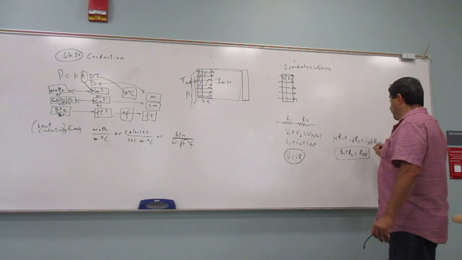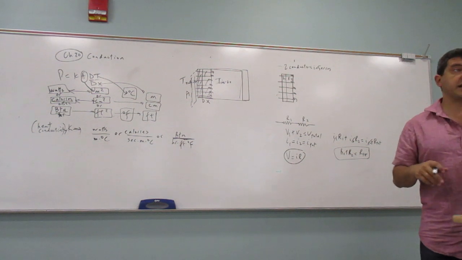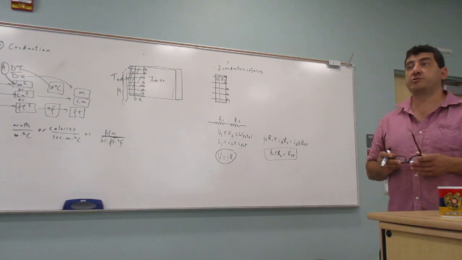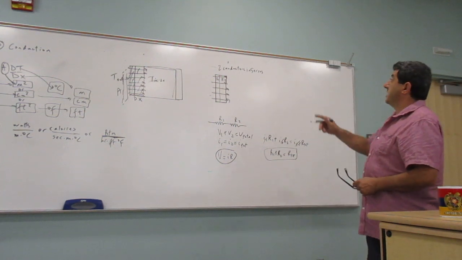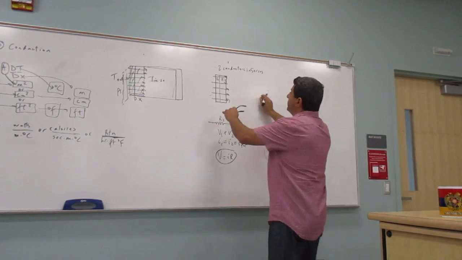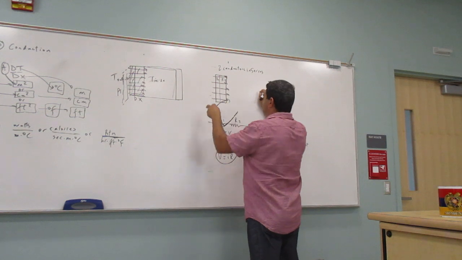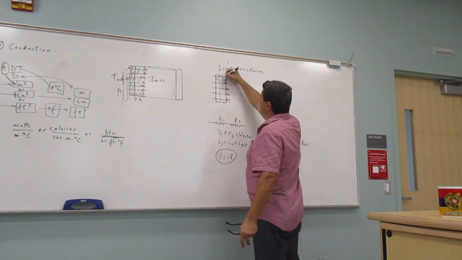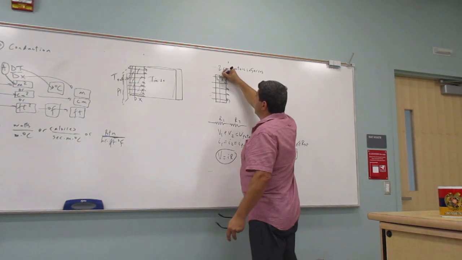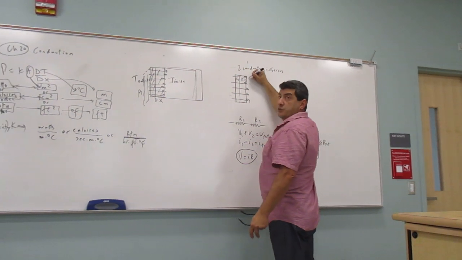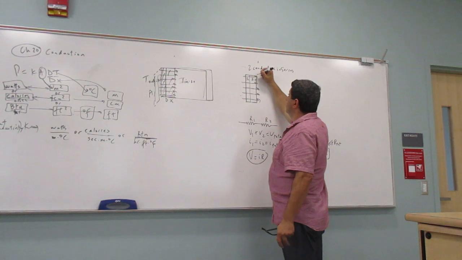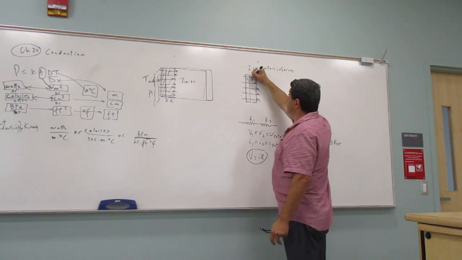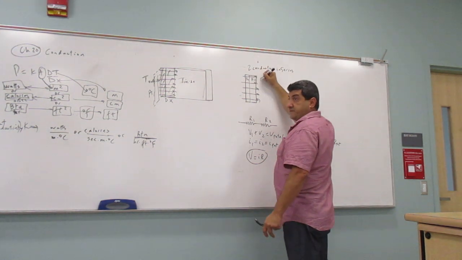So electrical resistors in series add up such that the sum of the resistances is equal to the net resistance. So how do those add up here? What adds up in this case and what is the same? The power flowing through here is equal to the same power flowing through there, the heat power. It's heat energy. Whatever flows through here can't just stay there, it has to flow through there.